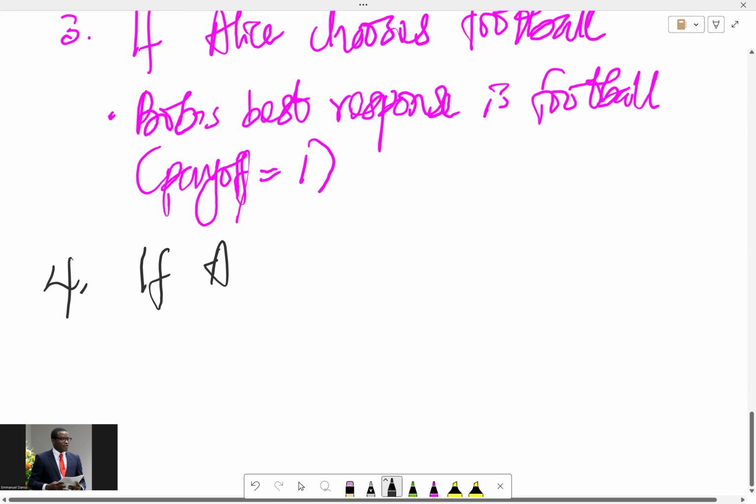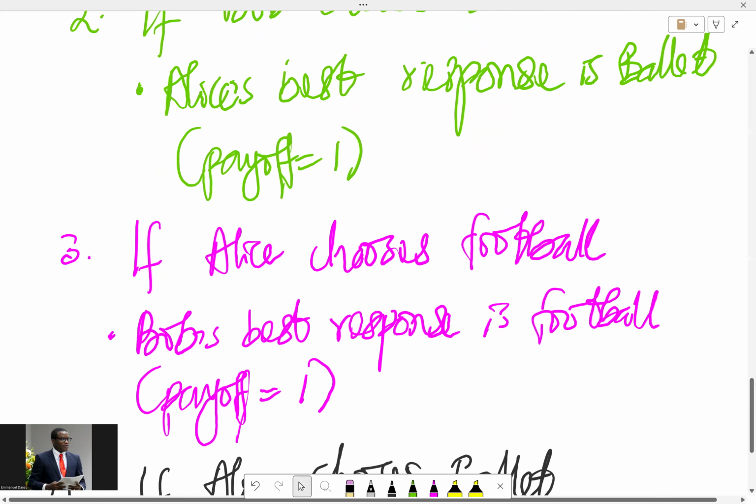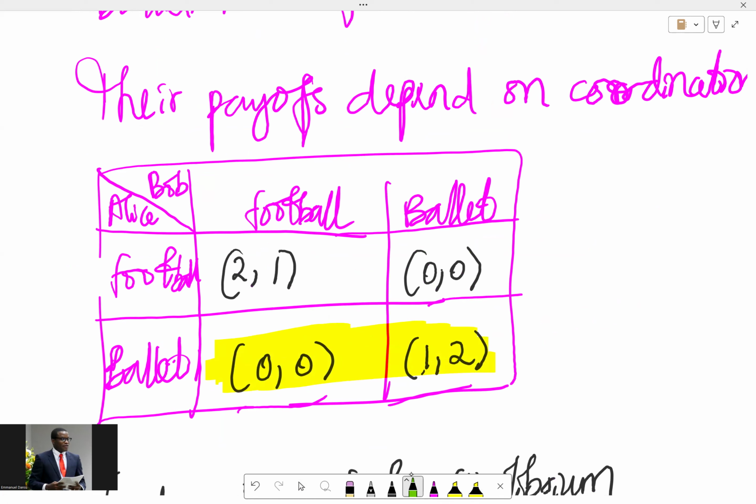Okay. Then we have the fourth scenario. If Alice chooses ballet, let's see what that looks like. This is Alice choosing ballet. Bob can choose football and get zero, or he can choose ballet and get 2 points.